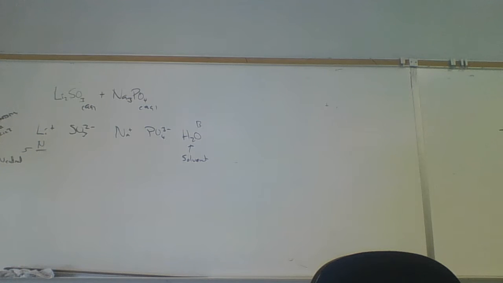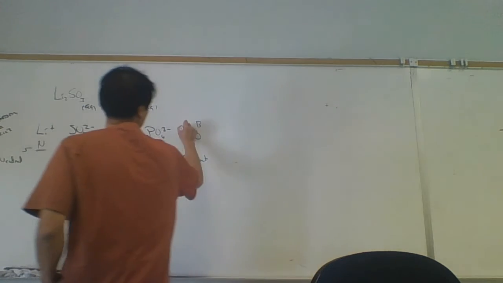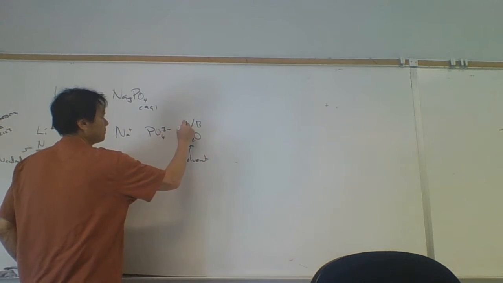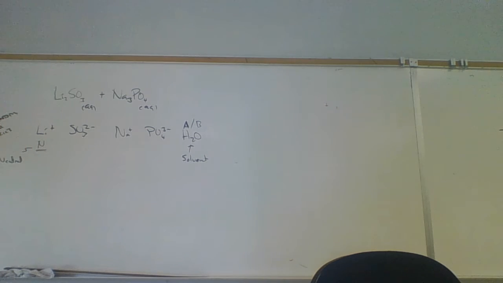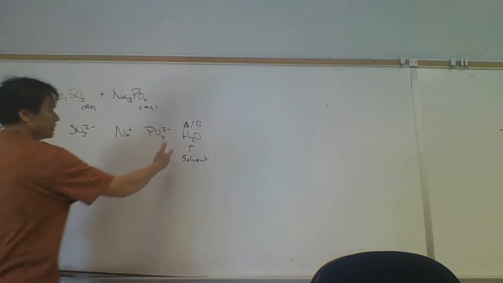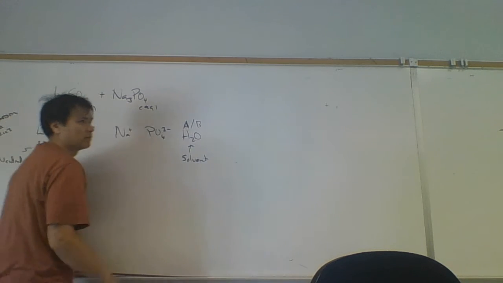Water is also an acid. And so water is interesting because water is both an acid and a base. When something can act as both an acid and base, we call it amphoteric. There are a lot of amphoteric species, but water is interesting in that it doesn't matter which way it goes. It could go acid just as easily as it could go base. Other amphoterics have a preference.